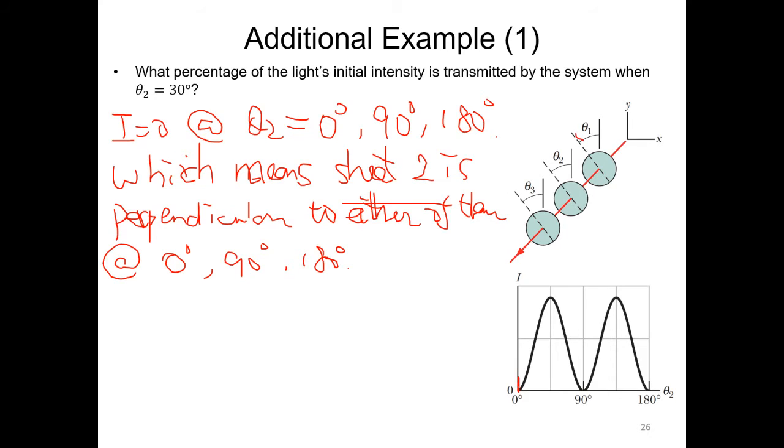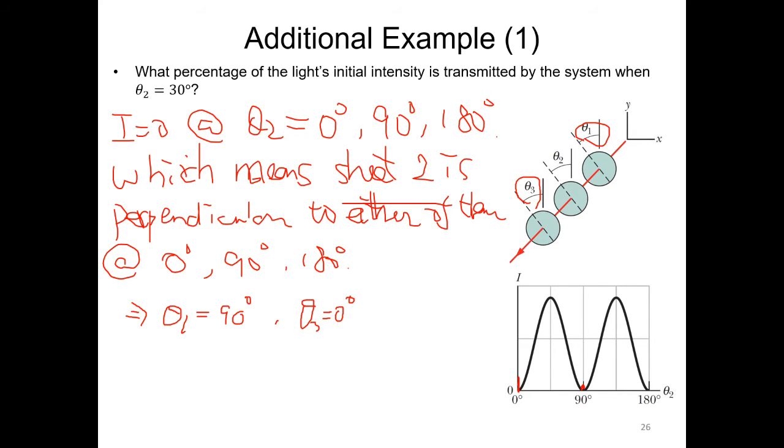So we may pick theta 1 to be 90 degrees. And when theta 2 is 90 degrees, it's also 0. So theta 1 cannot be 0 or 180 because it is fixed, so we can only pick theta 3 to be 0 degrees.